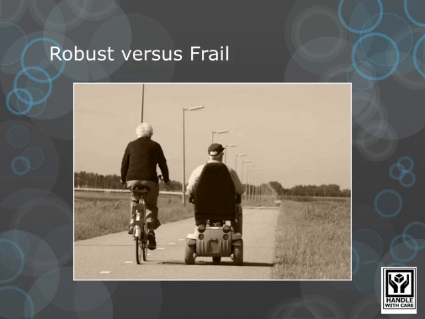So we have to think about robust older people and frail older people. And this is a great slide, I think, for that. Here we've got someone on their bicycle. She's cycling, she's got good balance, she's got good exercise capacity. Then we've got another person there who looks like he likely doesn't have good balance as he's in a motorized chair and doesn't have good endurance.